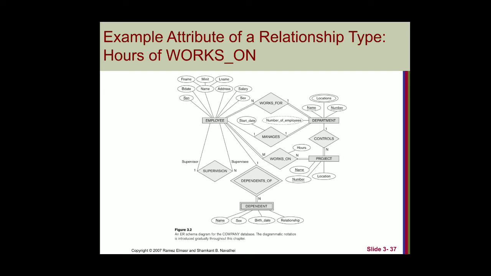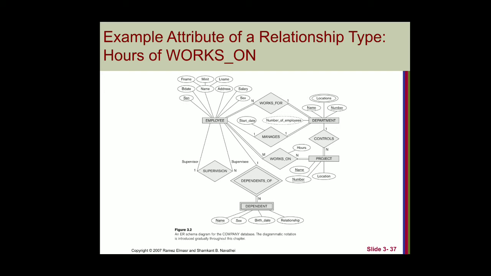So hours is an attribute belonging to the relationship type works on, and this cannot be shifted to the employee or the project, because it will have its existence only if a particular employee is working on a particular project. Since it is an M to N relationship, the attribute should be attached to the relationship type only. It cannot be shifted to employee or the project.